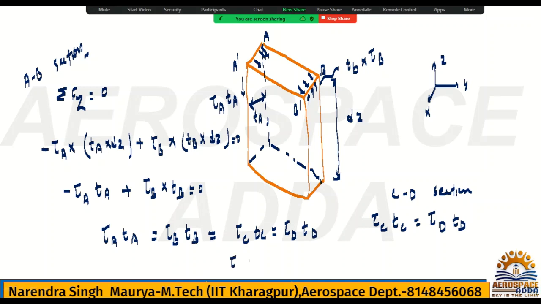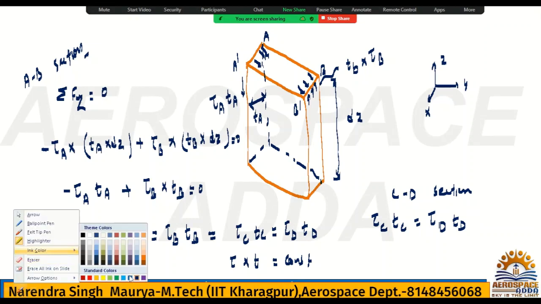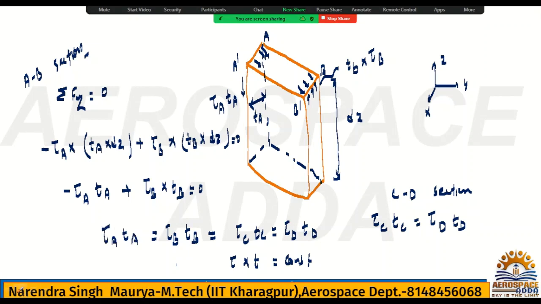The shear stress into thickness, this product will be constant. That's the meaning of it. The product will be constant. So this product must be constant.